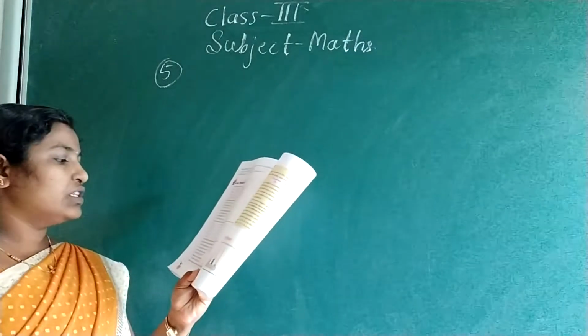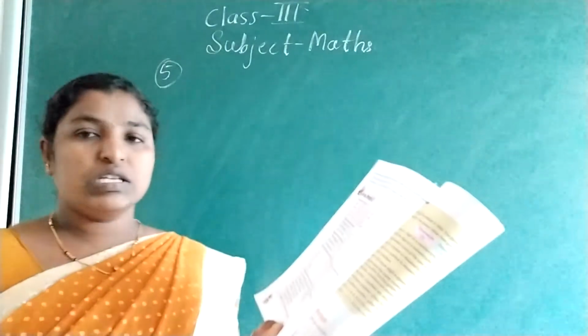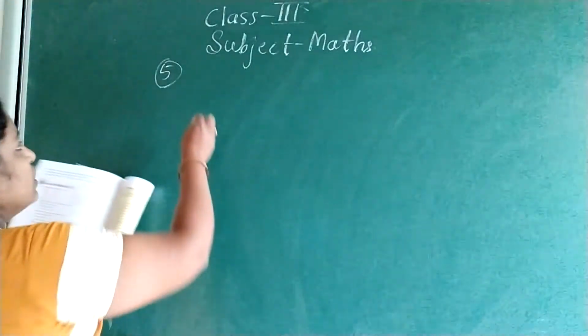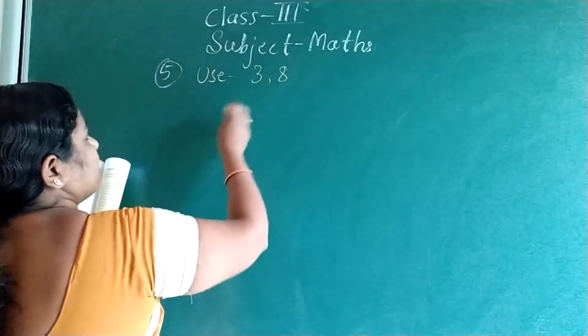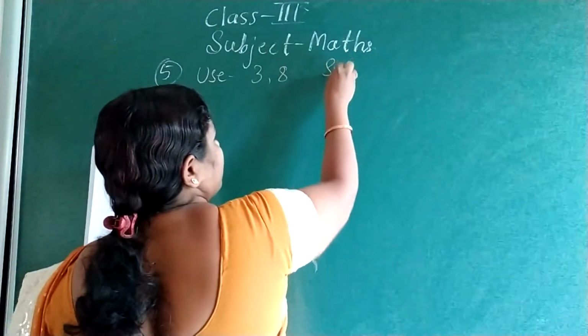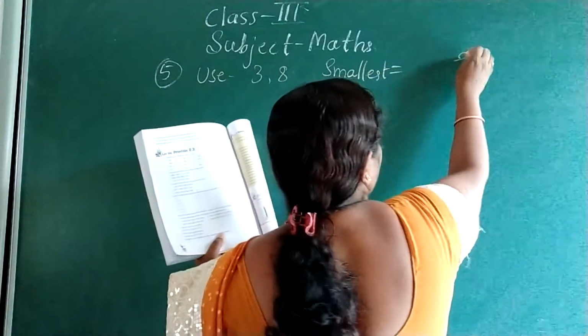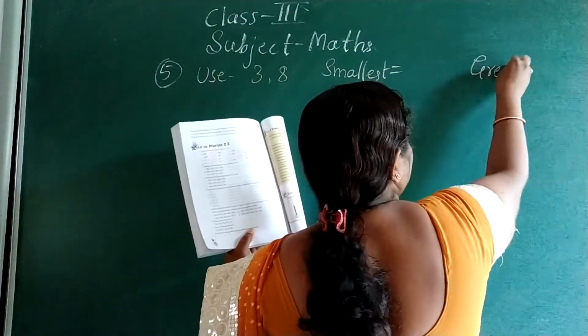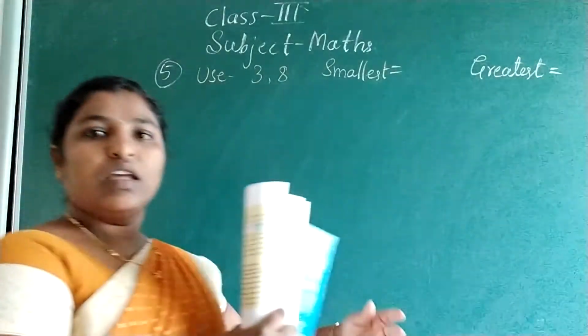Build the greatest and the smallest 3-digit number using the digits 3 and 8. We should use the numbers 3 and 8 and form the smallest and the greatest number. Okay?